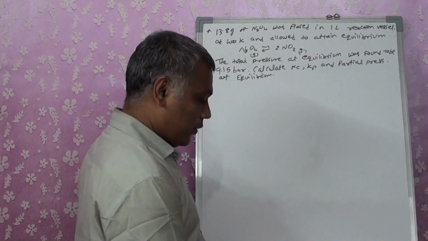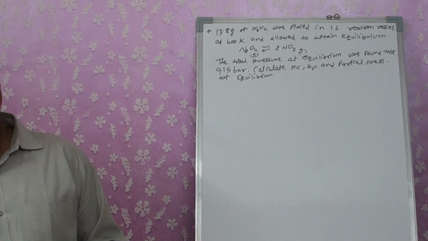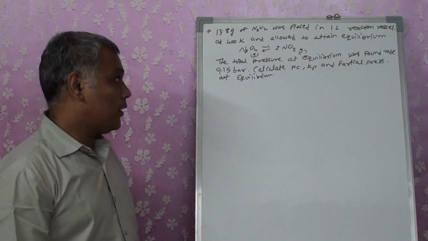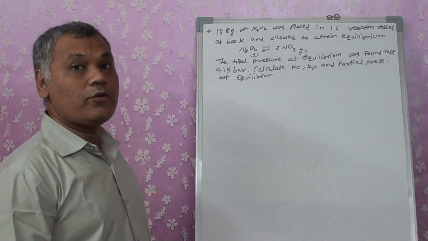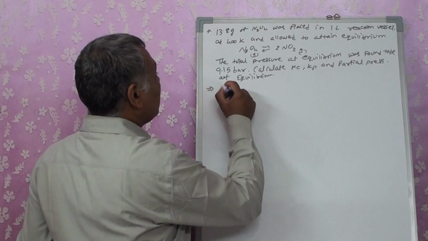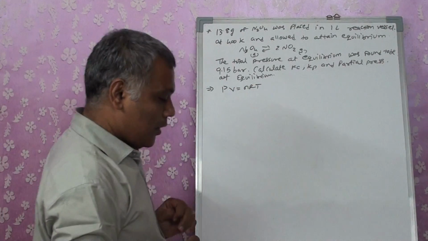See, this numerical is totally different from what we were having. Neither Kc is given, nor Kp is given; everything is there to be calculated. So what is the first thing that we will do? PV equals nRT. I know it.